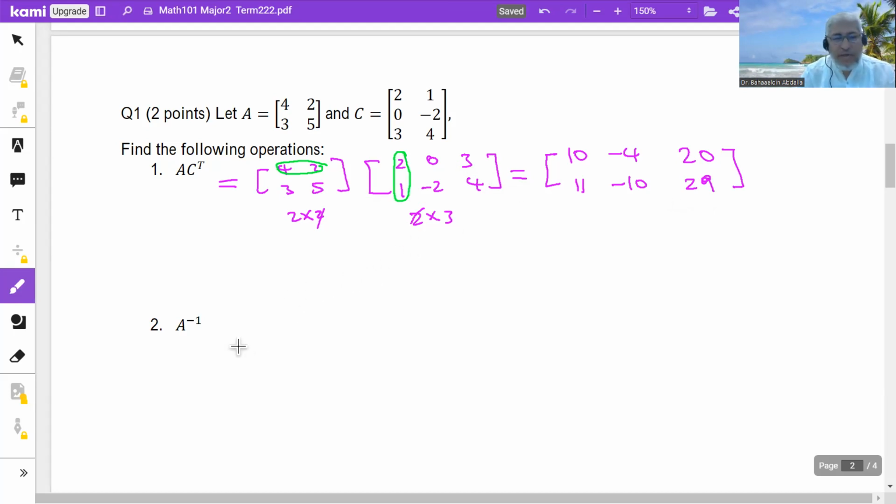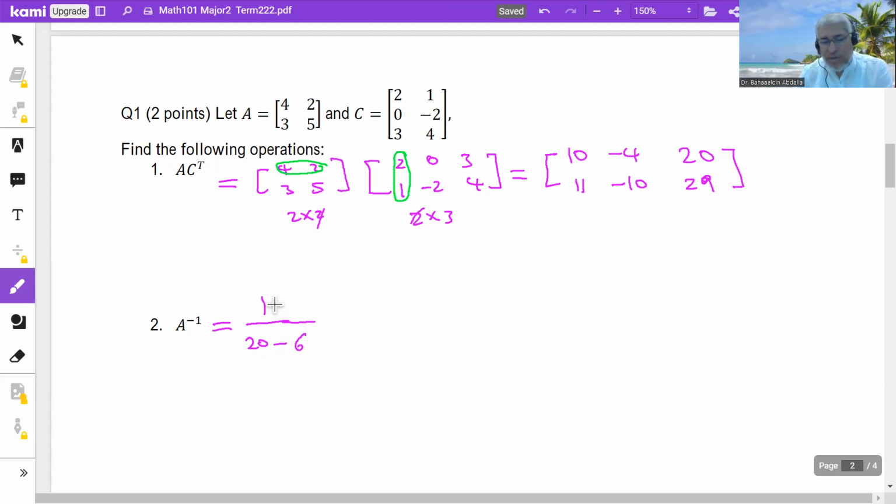Now we need to find A inverse. Well, this is a 2 by 2. Whenever we have a 2 by 2 matrix, there is a formula to find A inverse. It is 1 over AD minus BC. So multiply 4 times 5, which is 20, minus 2 times 3, which is 6.